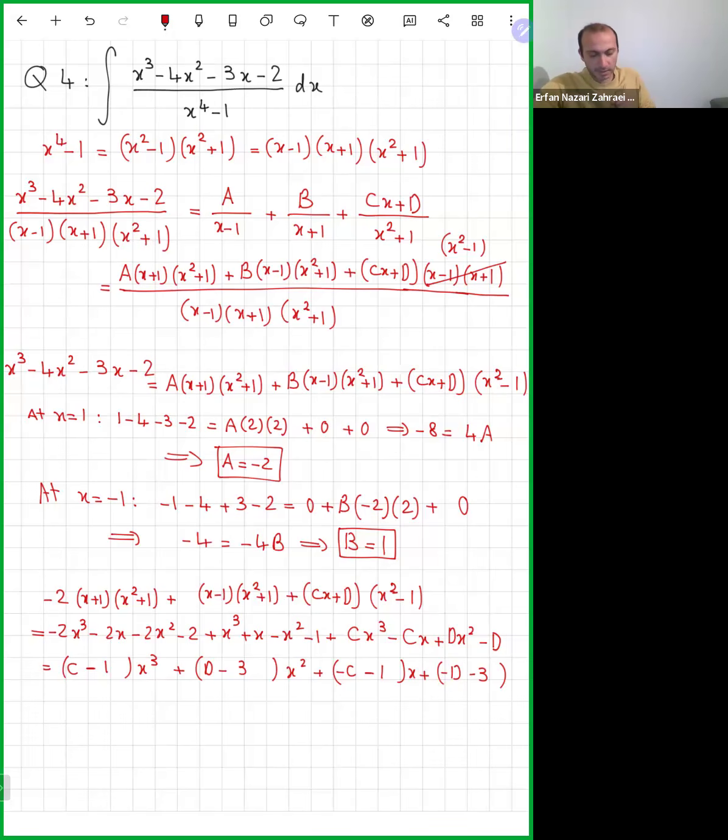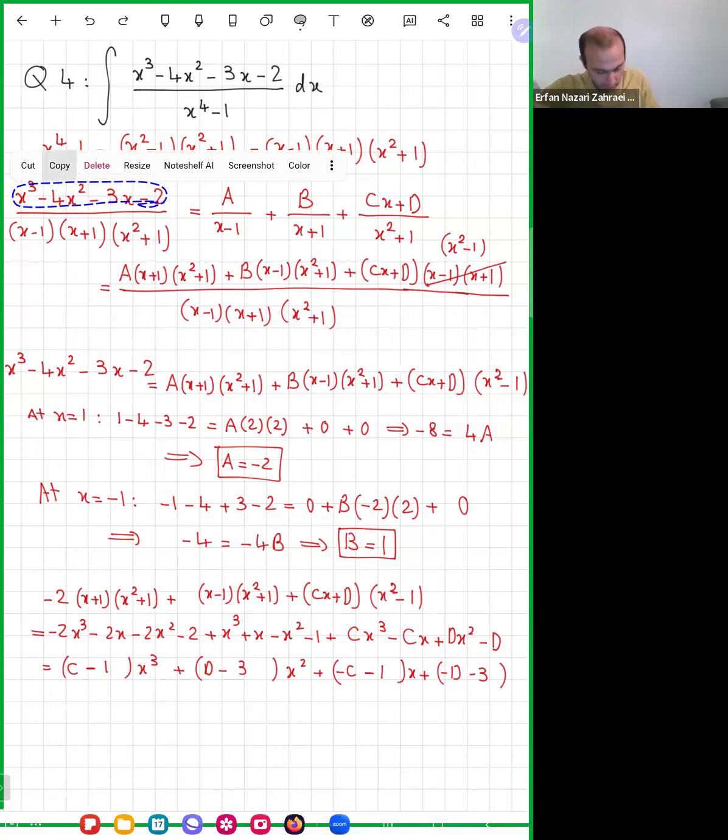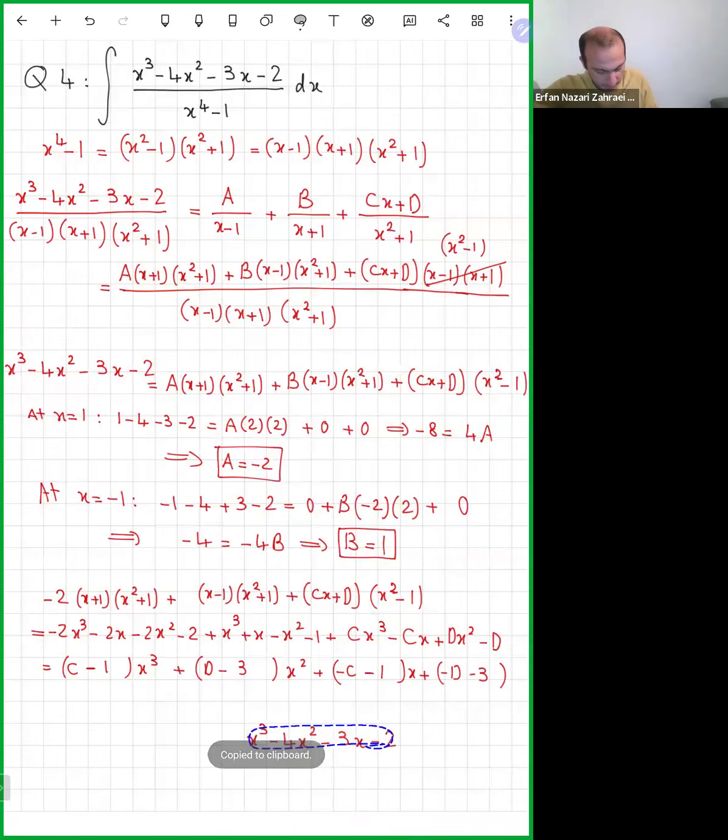This is this after replacing A and B that we found. But it is equal to this. This means that the x cubed terms should be the same, but here I had only one x cubed. 1x cubed should be that.